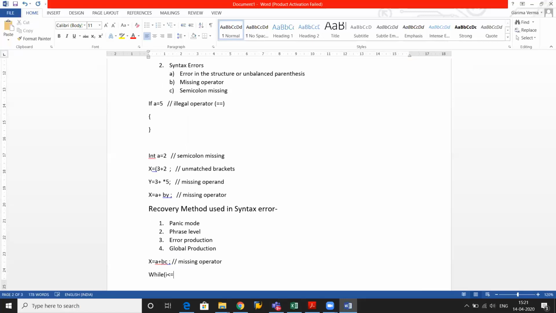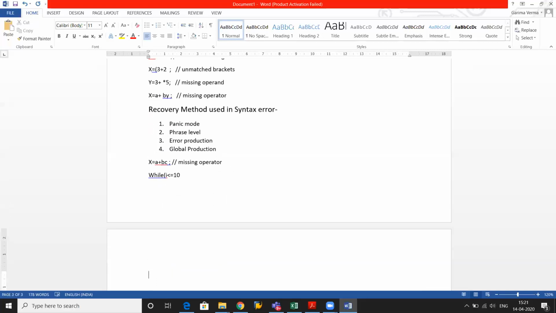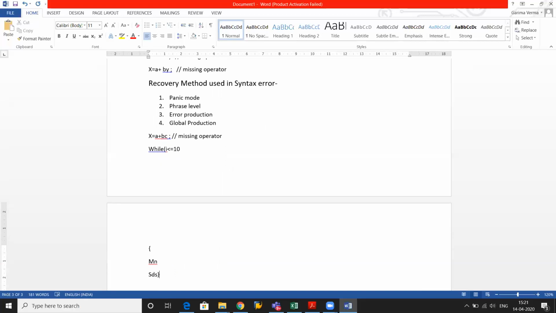while i is less than or equal to 10, and I forget to apply the parenthesis, and I have written something inside the loop. So what will it do? It will start discarding the structure from the place where it does not find the closing parenthesis, till the closing of these structures.